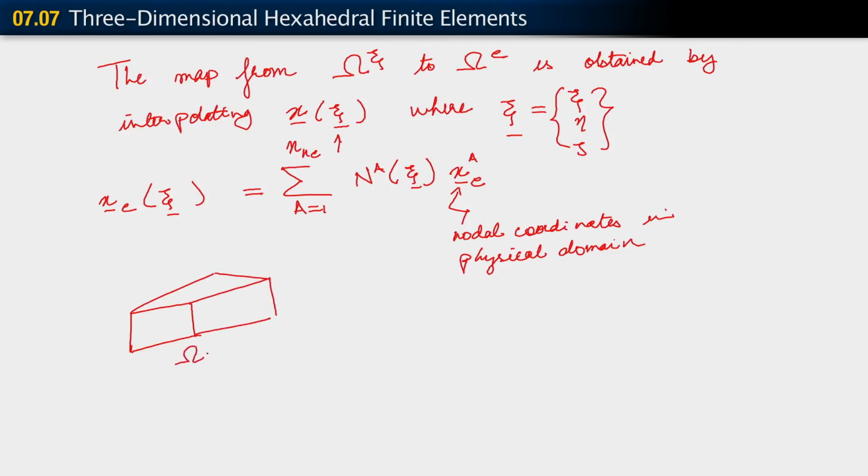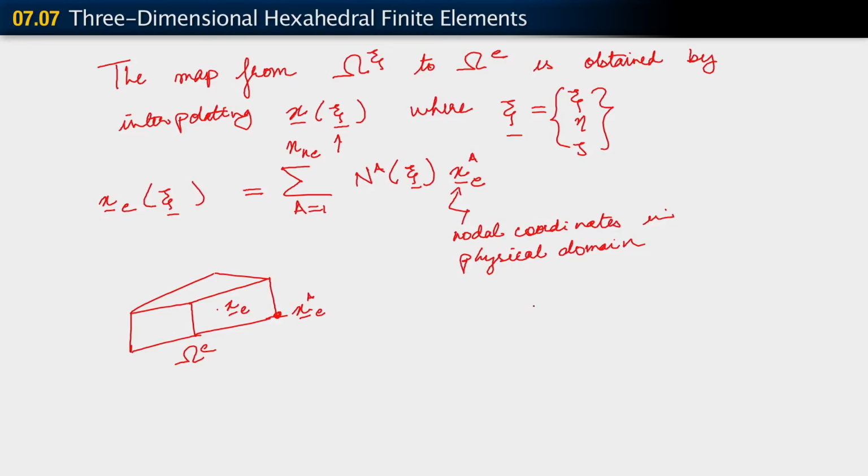For that element omega e, we are talking of a typical nodal coordinate as being that one. We interpolate over all of those and we get any point inside here, x^e.